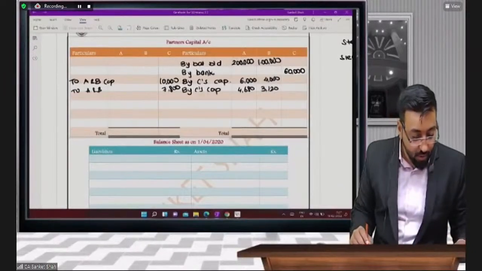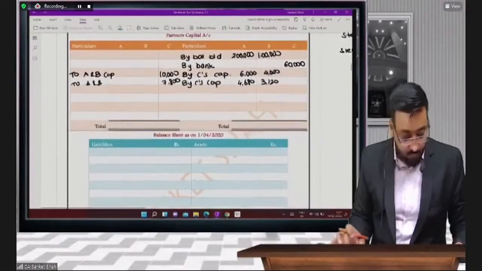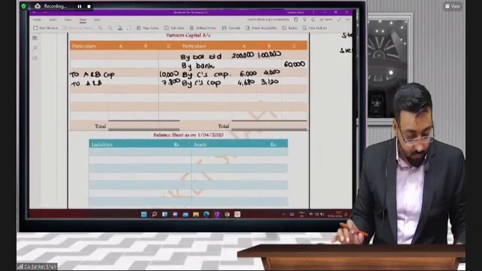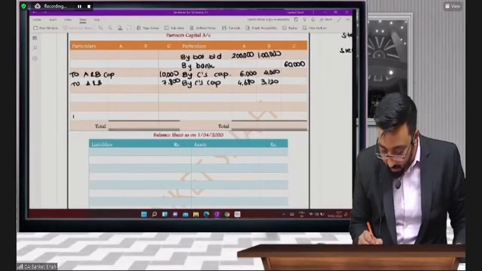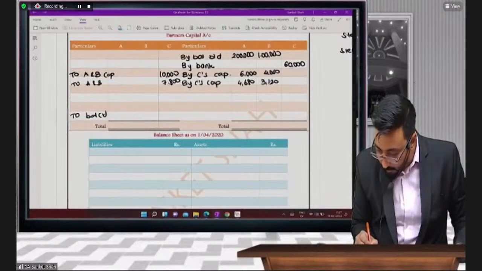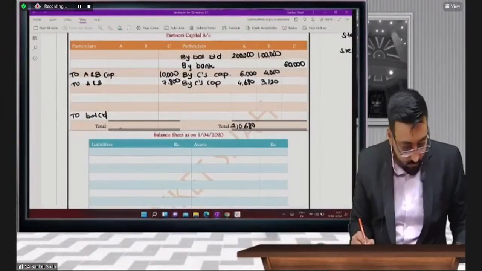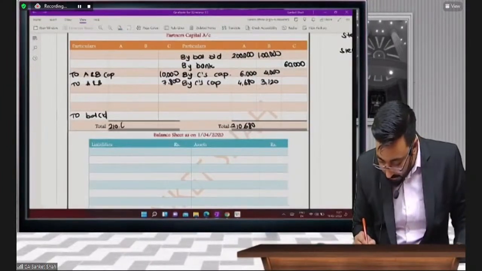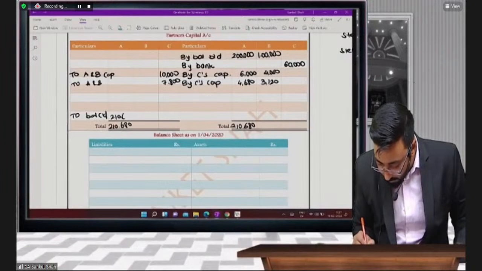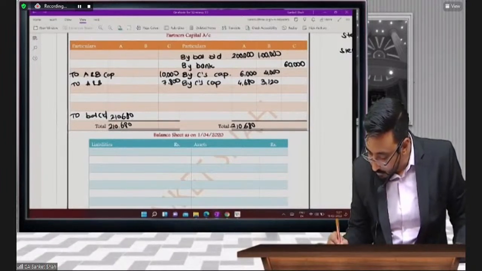And now what we are going to do, beta? Two balance carried down. So this is now 2,10,680, 2,10,680. This is 1,07,120.